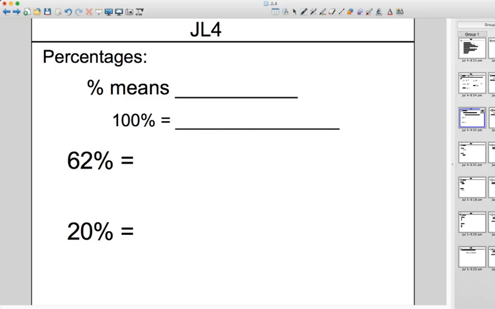Percent means... any ideas? Out of 100. So when I say 35%, that actually means 35 over 100.